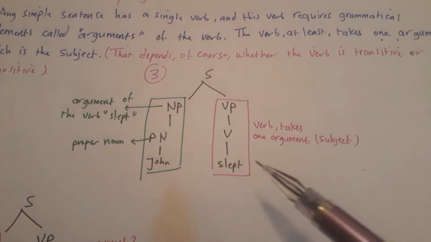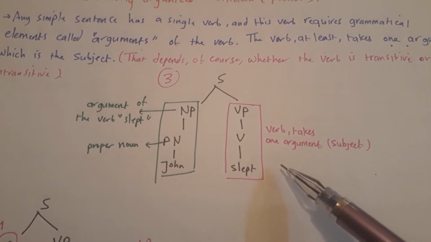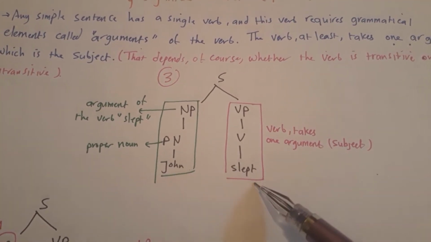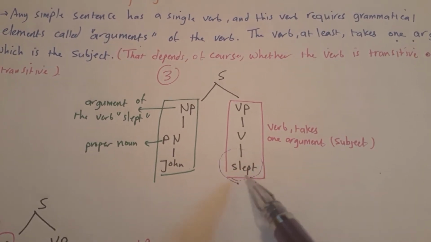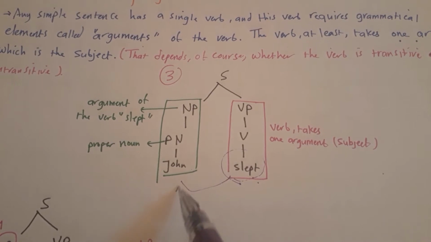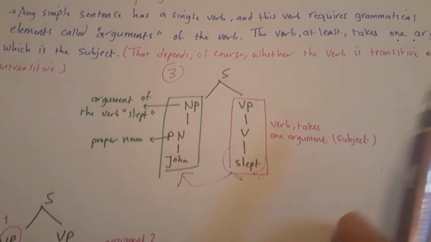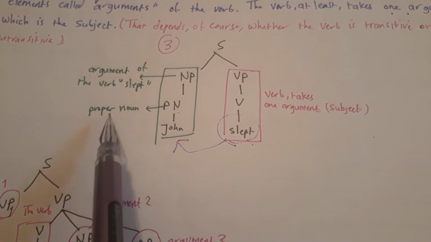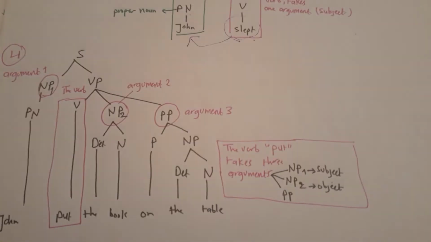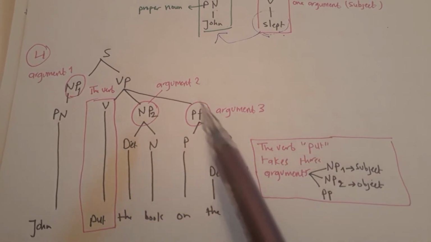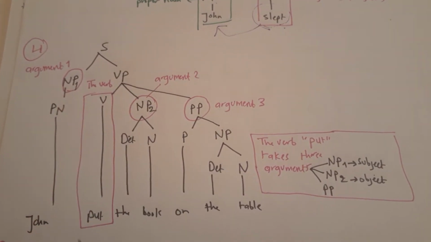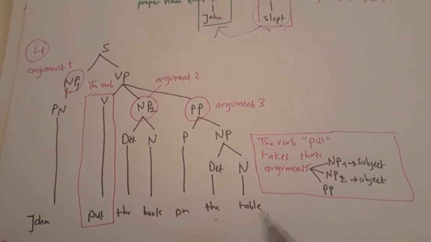Now look at this example. We have John slept. Now we have an intransitive verb. This verb takes only one argument, which is the subject, which is John. The PN refers to proper noun, by the way. Now look at this example too. As you can see, we have a sentence: John put the book on the table.